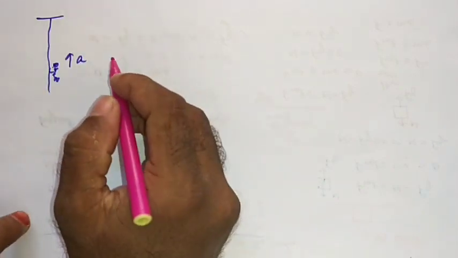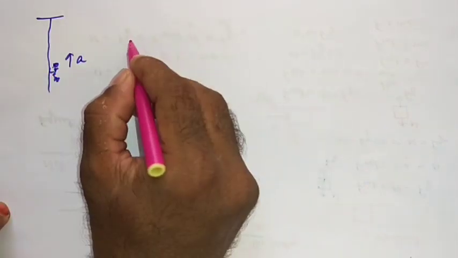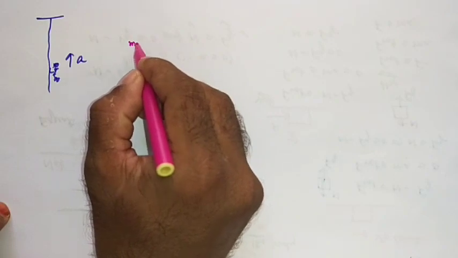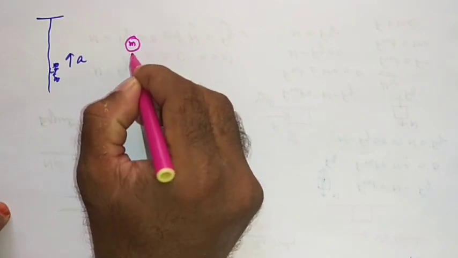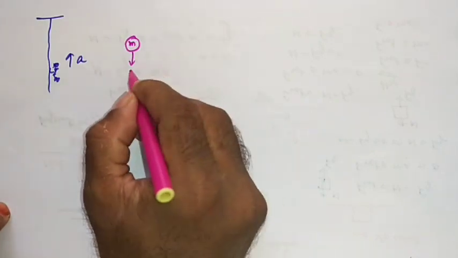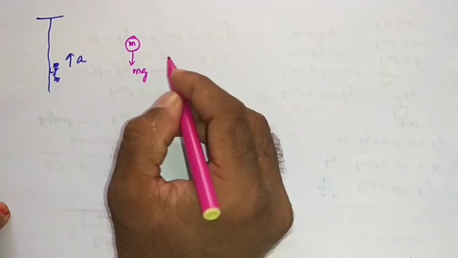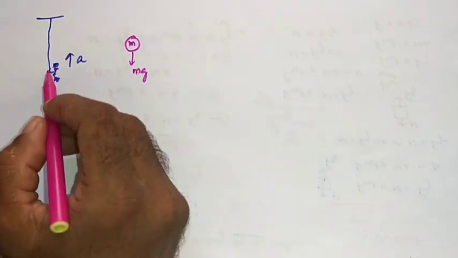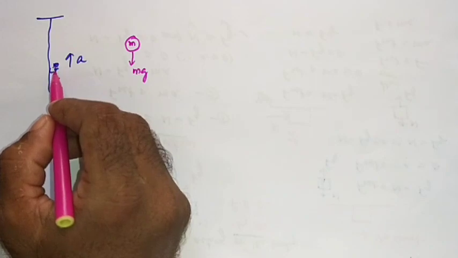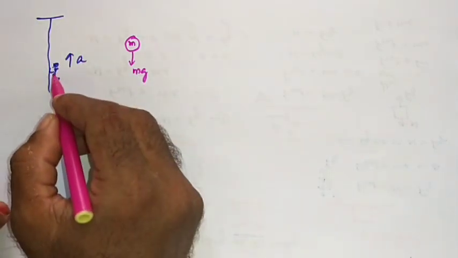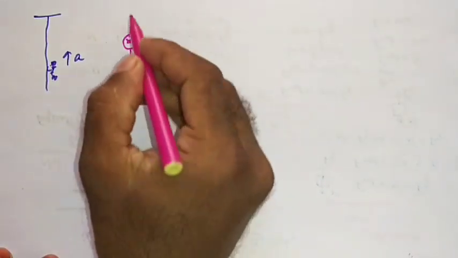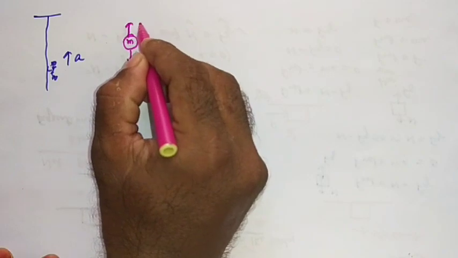Now what is the free body diagram for the monkey? On the monkey, how many forces are acting? One is the gravitational force acting downward. Next, as the monkey is moving up, the tension is in the upward direction.